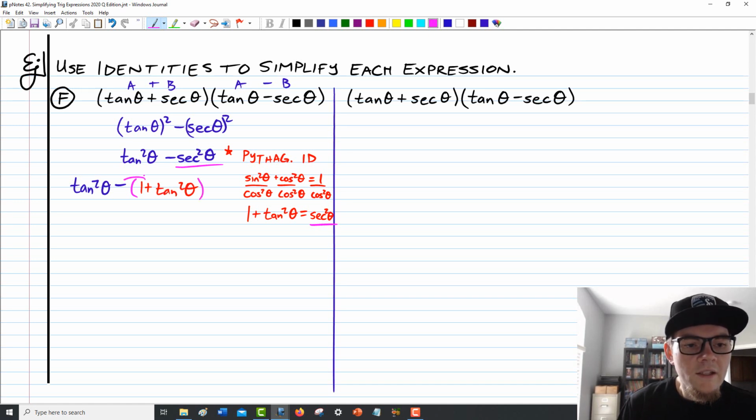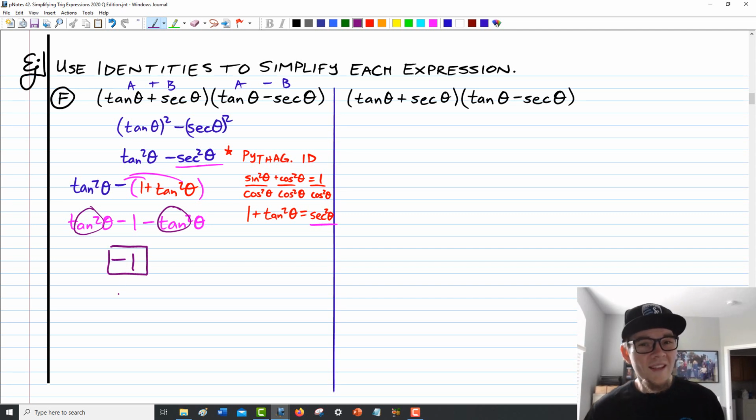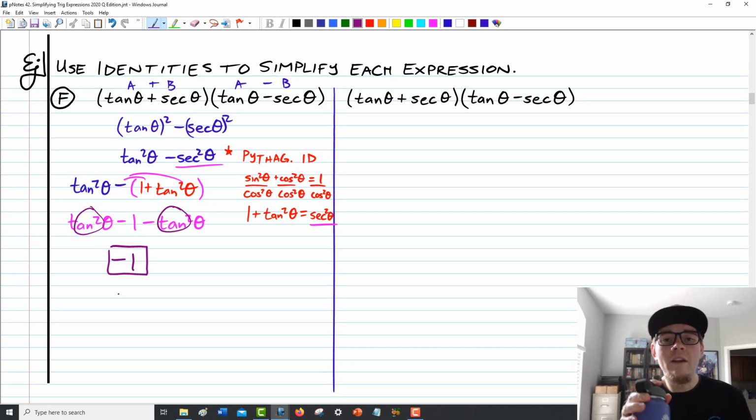Having done that, I can distribute in the minus sign, and my expression will transform into tangent squared of theta minus 1 minus tangent squared of theta. At this point, you probably see it too. Tangent squared minus tangent squared is 0, which means this identity is actually just equal to -1. It's a really complicated way to write -1, but it is exactly equal to -1. No matter what angle you put in there, the expression will have the value of -1.